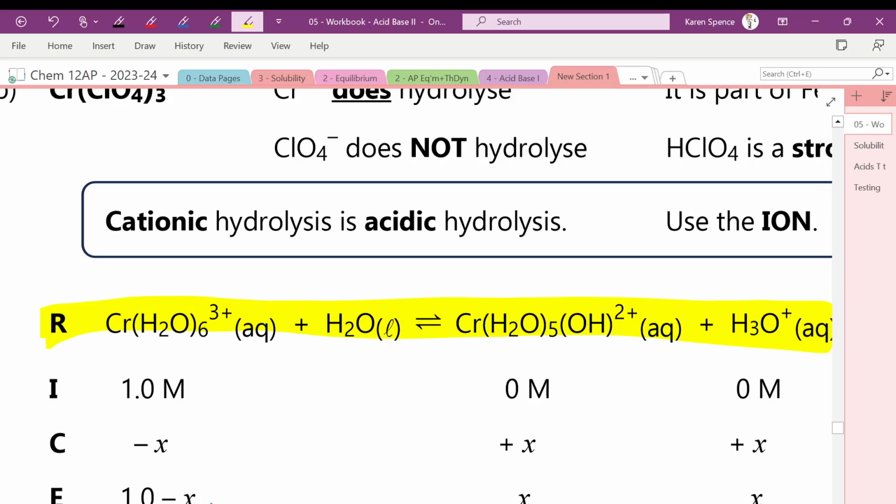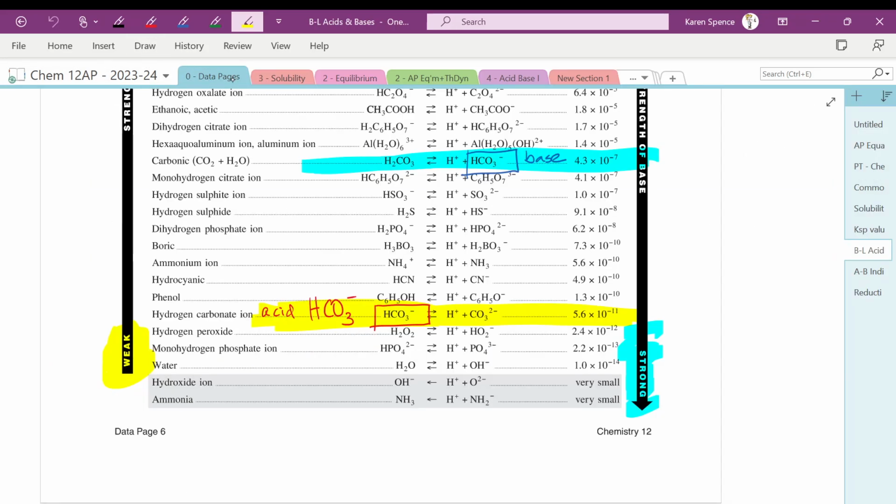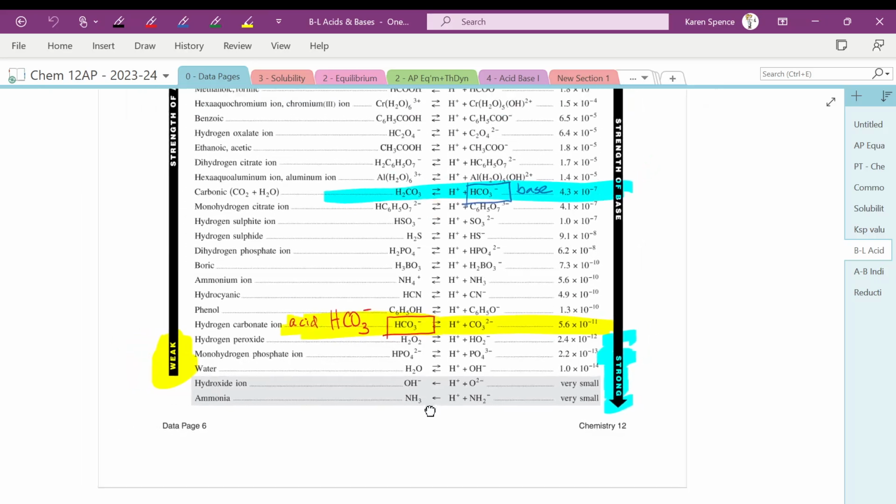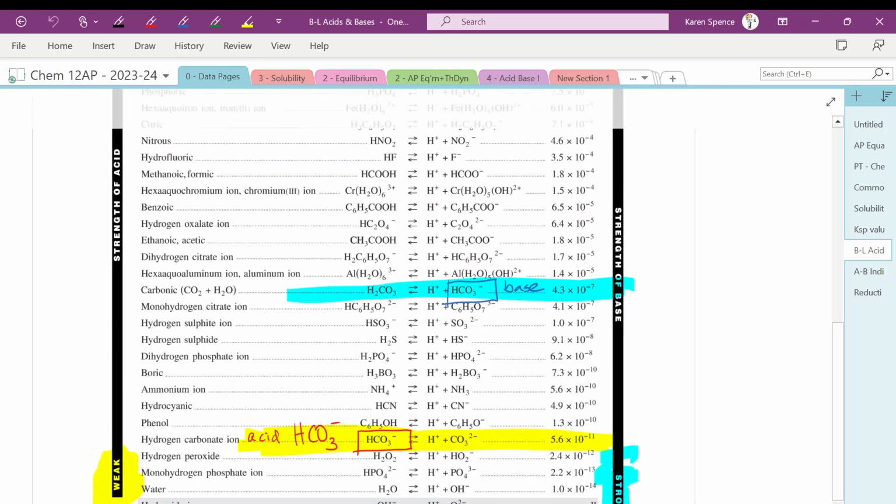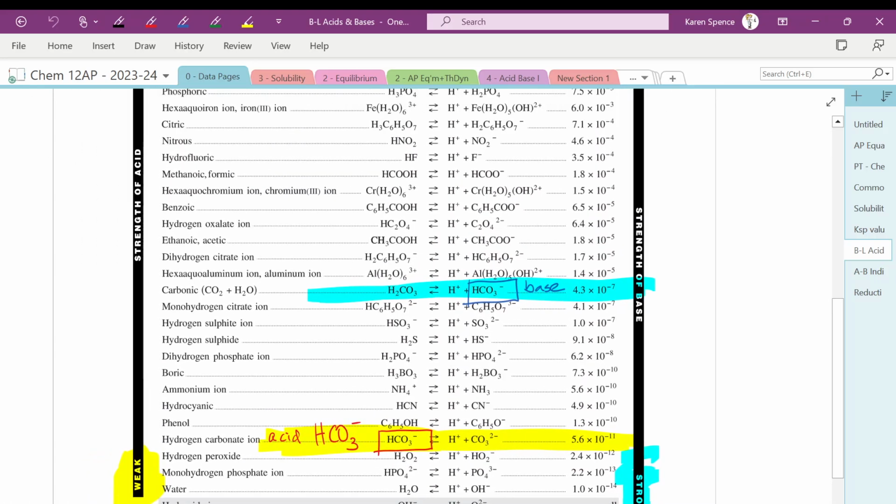So let's go look on the data booklet and see if we can find that reaction. Remember, you want to look for the really big names, right?